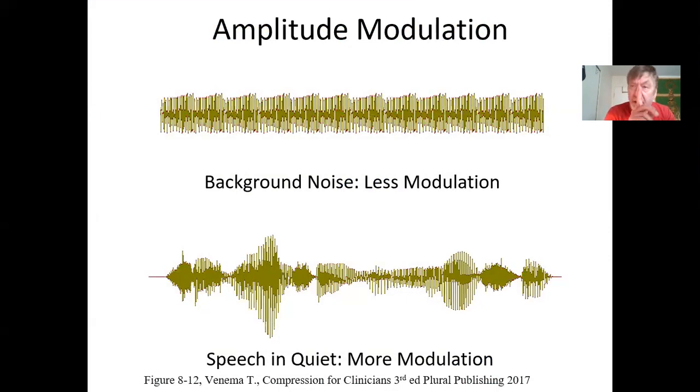That's because speech fluctuates in intensity over time, and noise does not. So let's get rid of that black bar there. Thank you. Look at it. It's called amplitude modulation.